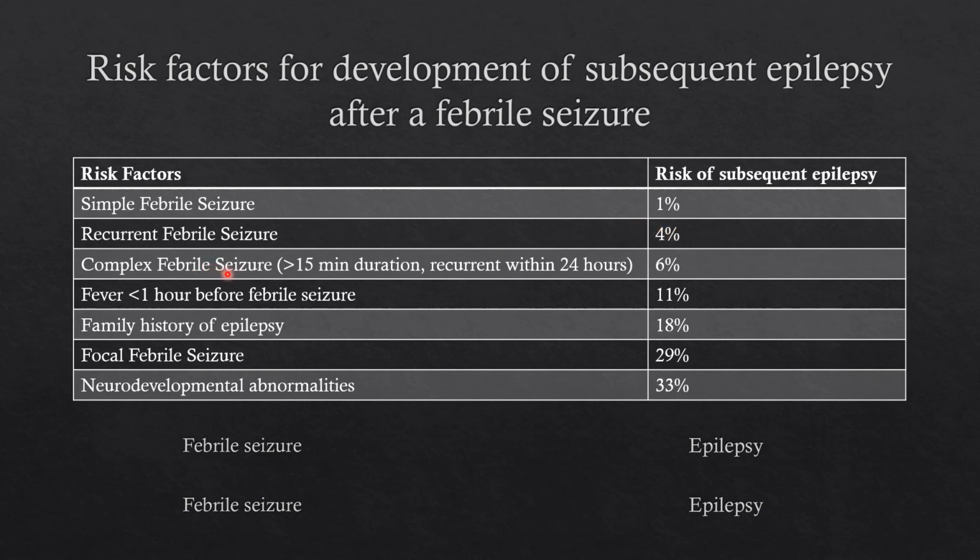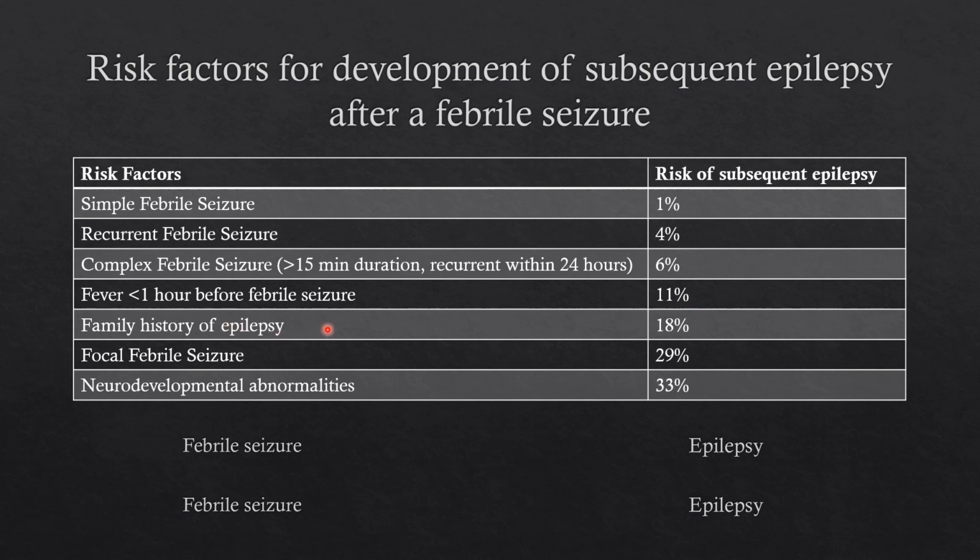If the child has developed complex febrile seizure in the form of more than 15-minute duration or recurrence within 24 hours, the risk is 6%. If the seizure has occurred less than 1 hour after the onset of fever, that means the fever has risen quickly, achieving its peak quickly, or there is an acute rise of temperature which has caused the seizure, the risk is 11%.